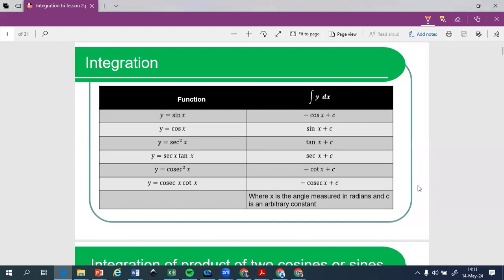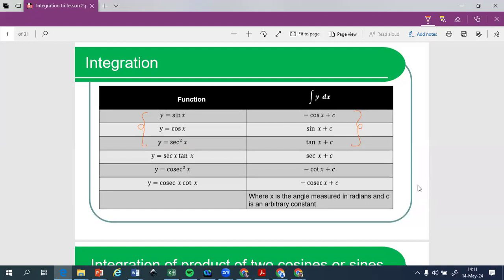Please make sure you know those three off your head, so that even when they wake you up, you know what you obtain when you integrate with those three. These three are the basics, then the rest can come in. But at least make sure you know what happens when you integrate sine and when you integrate cos.